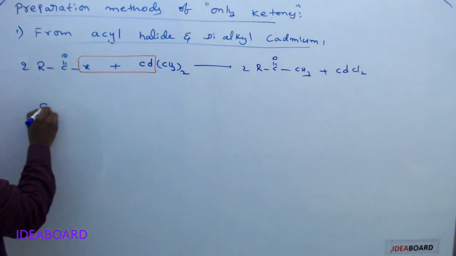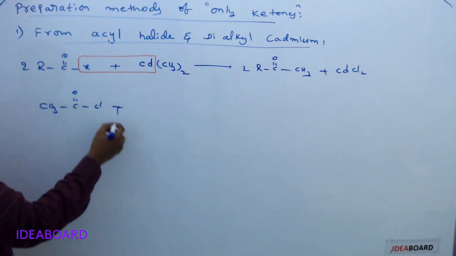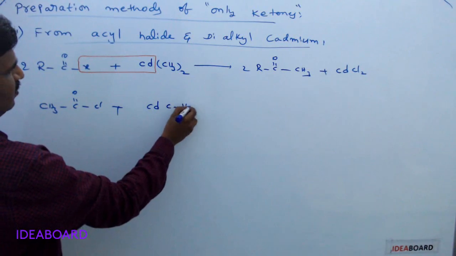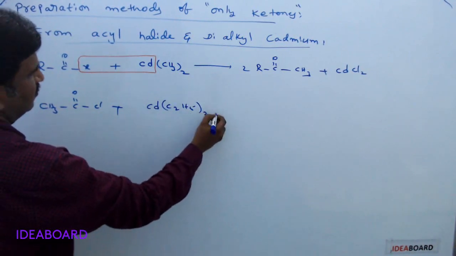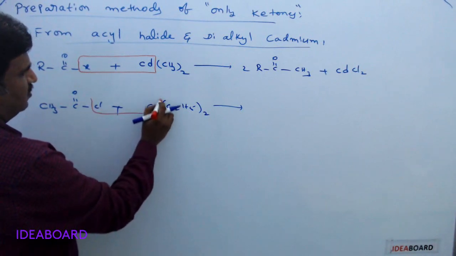For example, here we are taking CH3COCl plus Cd(C2H5)2, the ethyl group. The chlorine is removed.